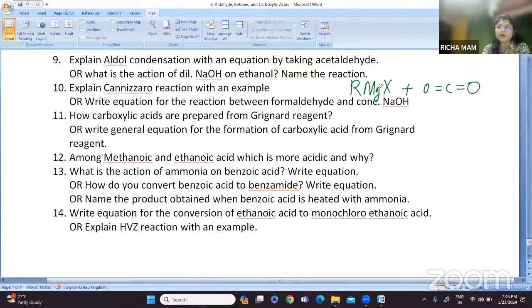The reaction takes place in the presence of dry ether. We take dry ether as the solvent because whenever we are preparing any compound from Grignard reagent, we make use of a solvent like dry ether.